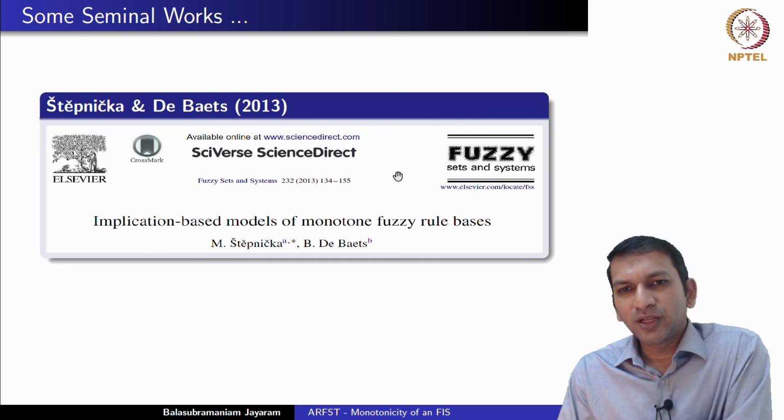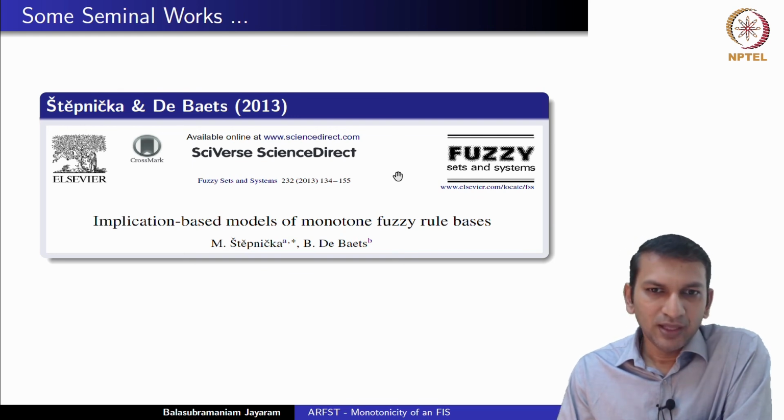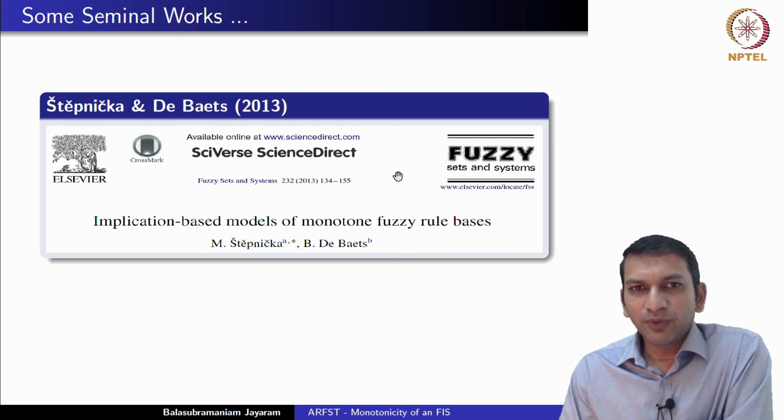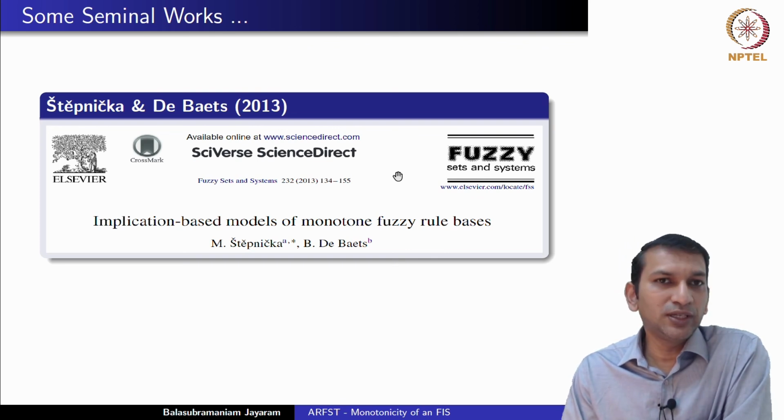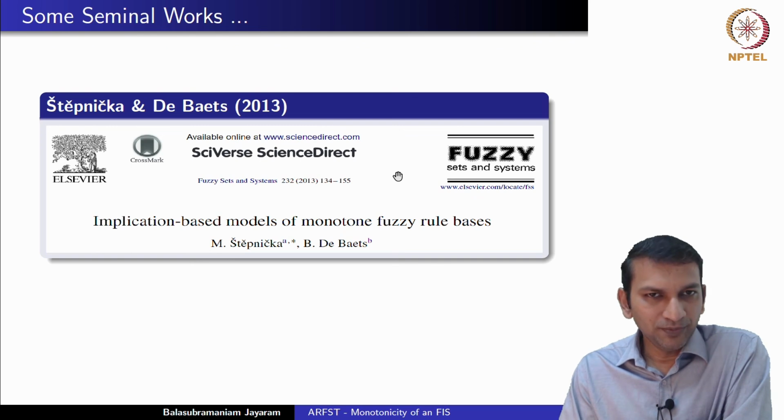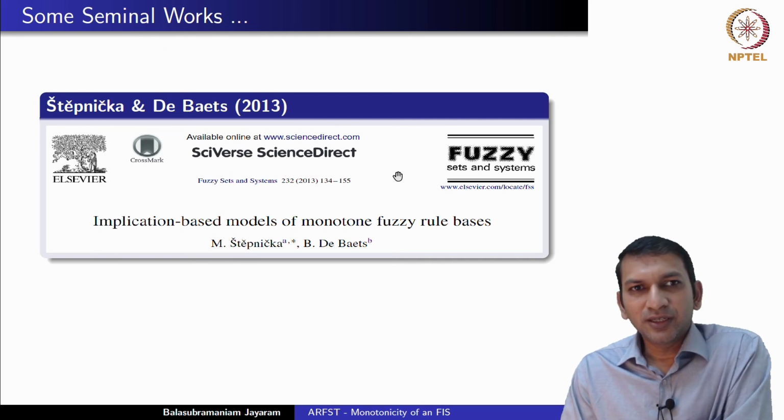Perhaps a word about the different approaches towards discussing monotonicity should be mentioned here. In many of the works, either they fix the operations and then try to tweak the defuzzifier so that they can get a monotone output, or they convert the rule base itself to a different form.